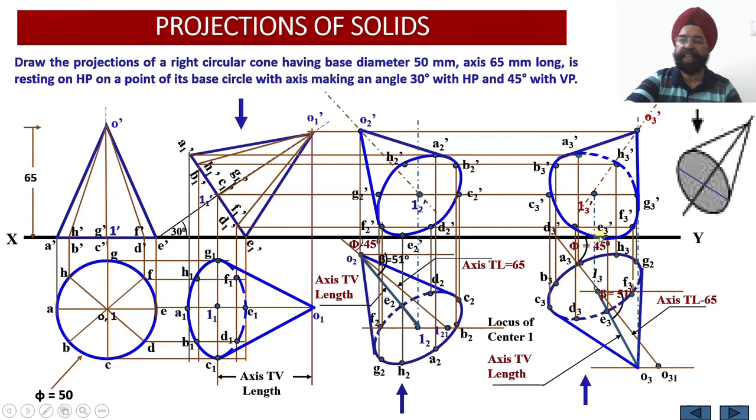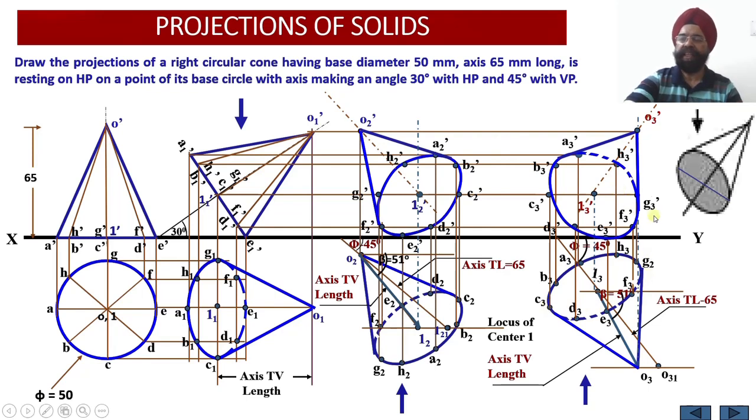This semicircle is visible to the observer, whereas the interior semicircle is the hidden part. So this is overshadowed by this external part, which is quite apparent. This semicircle portion is visible to the observer, and this semicircle portion is a hidden line, that is it is not visible to the observer because this will be overshadowed by this portion, which is an opaque portion.